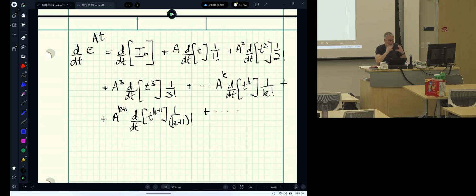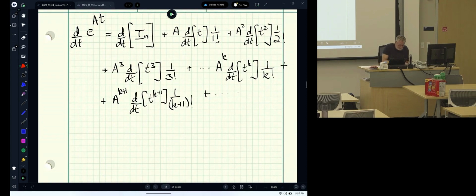It's an n by n zero matrix, because you just differentiate every single entry in that matrix. They're all constants, so this equals 0n. Cool. Now, I get A. What do I get when I differentiate t? 1.